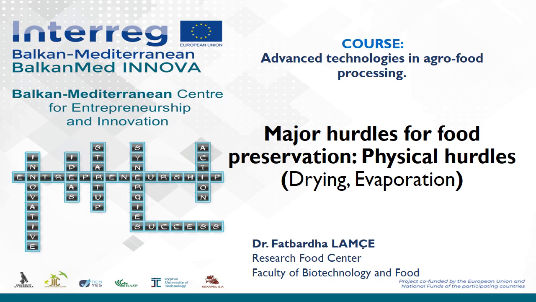Evaporation is used mostly to concentrate fruits, to increase the solid content and to remove the water content. During evaporation, many changes happen to the food, in texture, in aroma, and even the color is changed because of the high temperature.